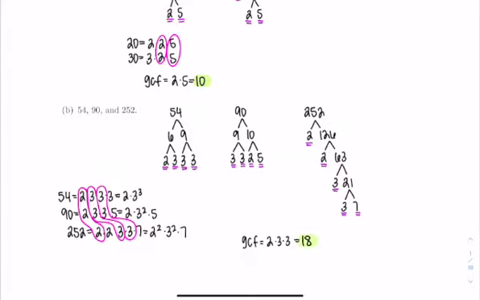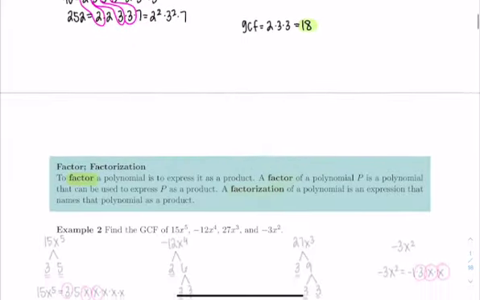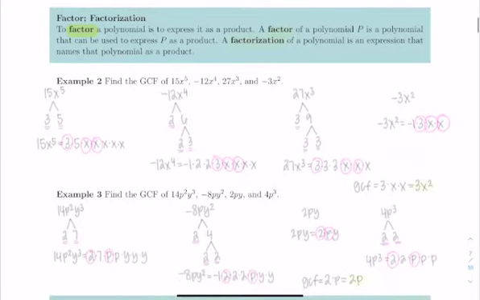To factor a polynomial is to express it as a product. A factor of a polynomial p is a polynomial that can be used to express p as a product. A factorization of a polynomial is an expression that names that polynomial as a product.